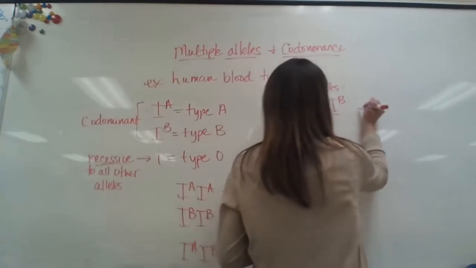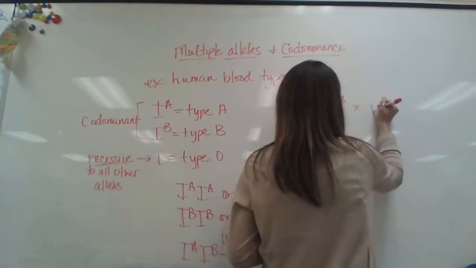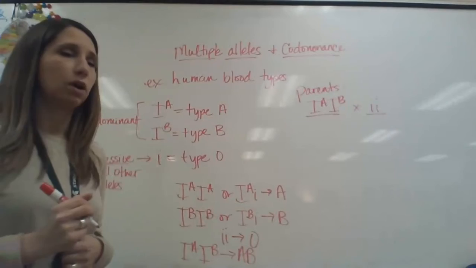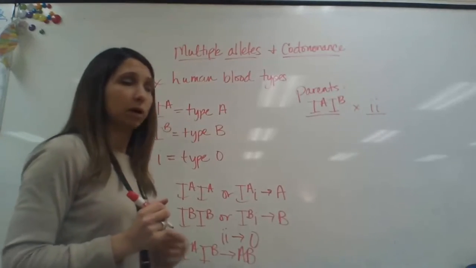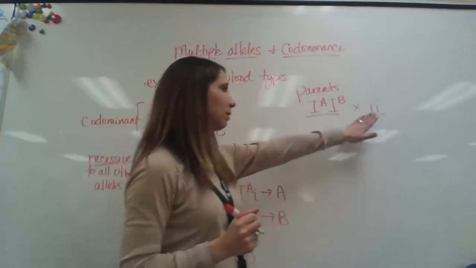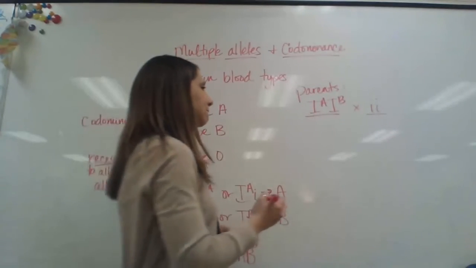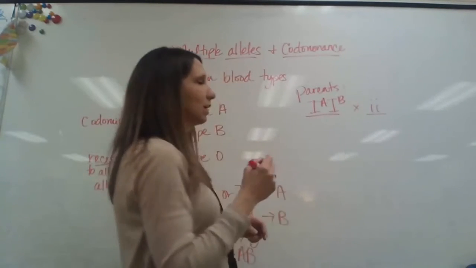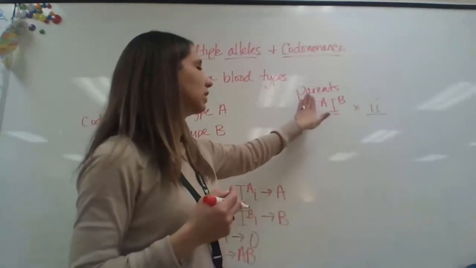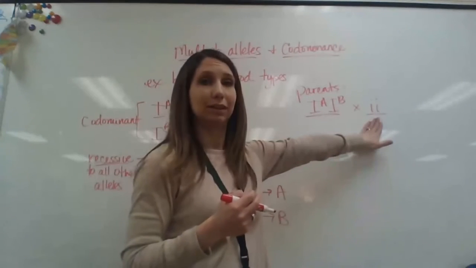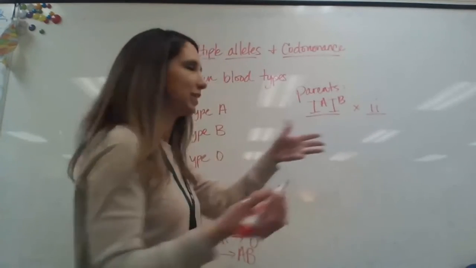And I'm going to cross that parent with one who is blood type O. All right? So again, to be blood type O, you have to be homozygous recessive. To be blood type AB, we would technically say you're heterozygous for that trait. And if I figure out my gametes, again, this parent can give either the A allele or the B allele, and then this parent can only give the little i or the little i, right? There's no other options there.